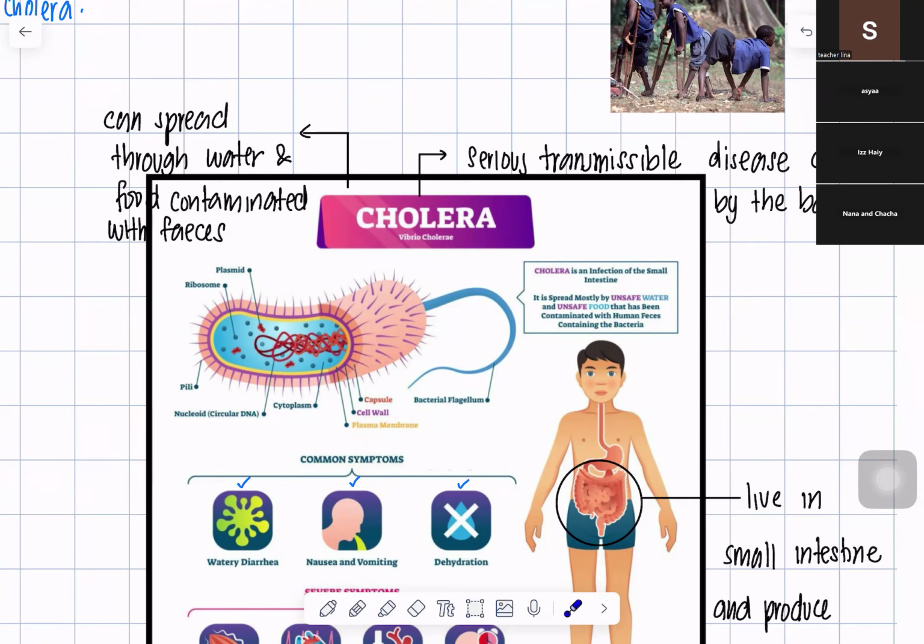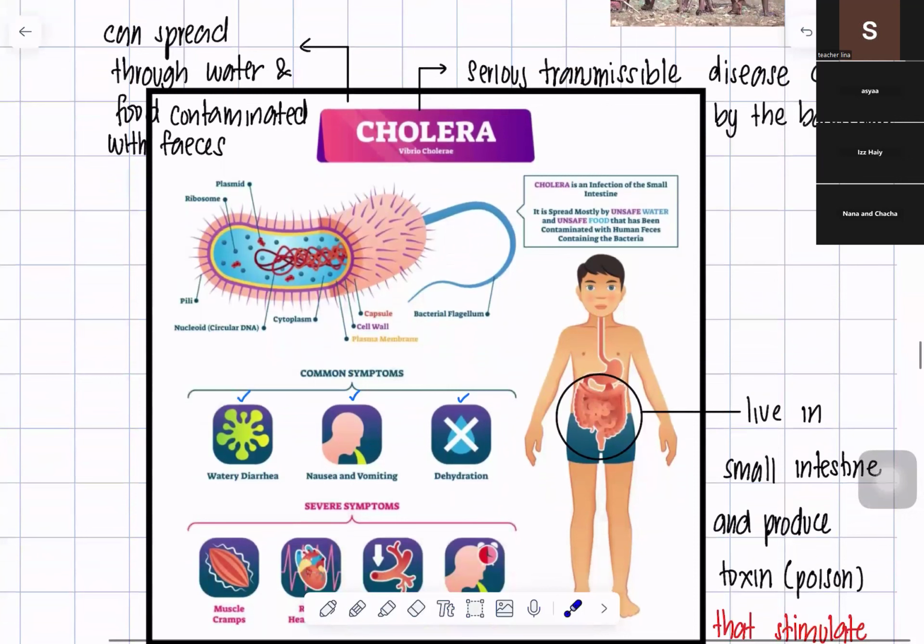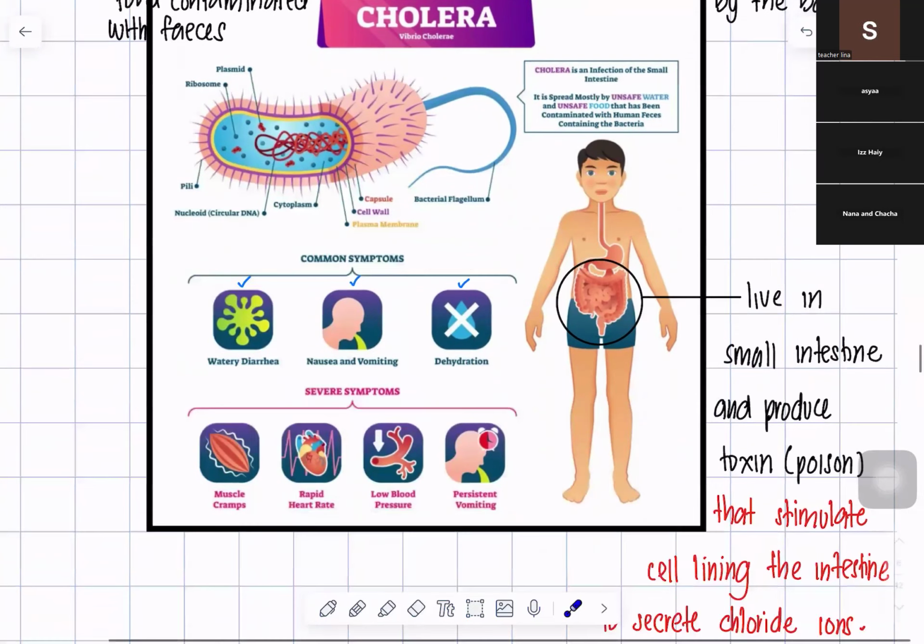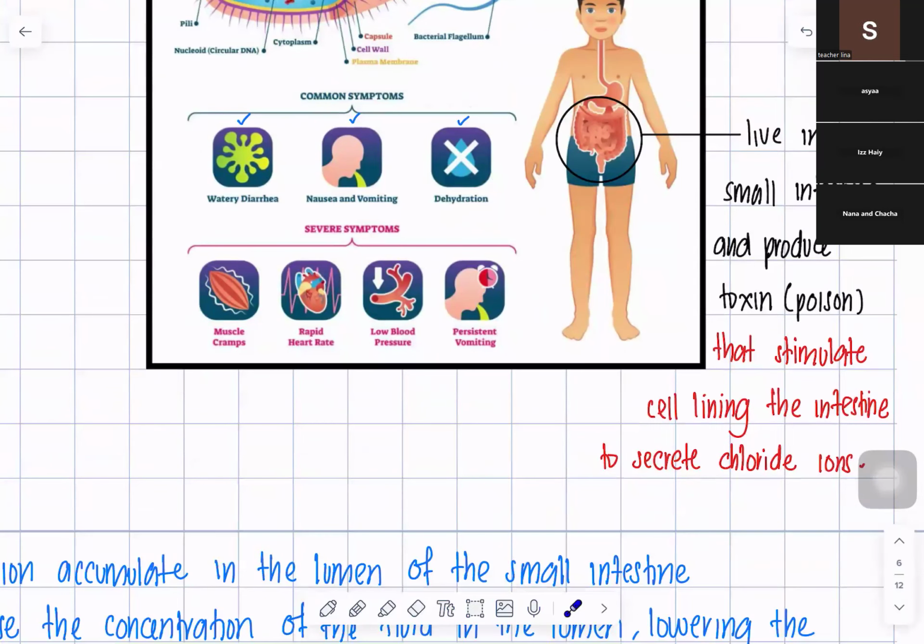When you produce a large population of bacteria, they enter the small intestine and produce toxin. Toxin is poison. So what happens? It will stimulate the cell lining of the intestine to secrete the chloride.